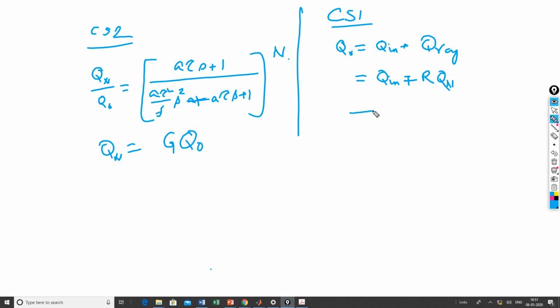So Q0 is equal to Qin plus R times G times Q0. So what that gives is Q0 by Qin is equal to 1 over 1 minus RG.